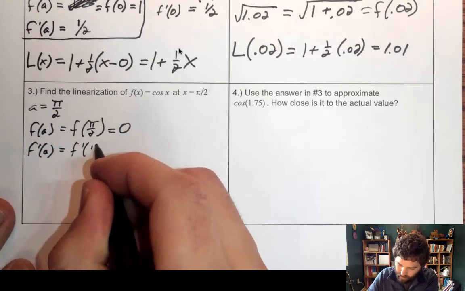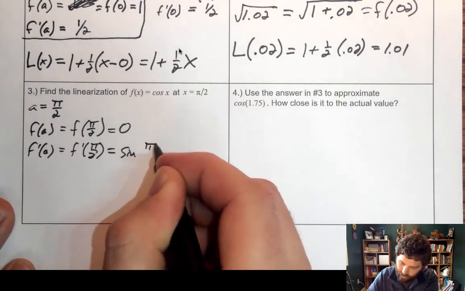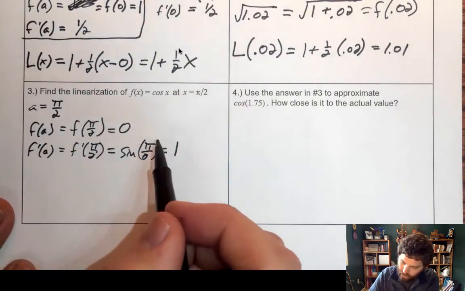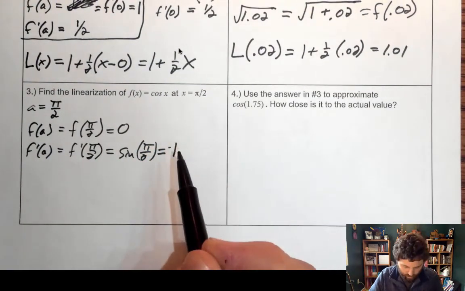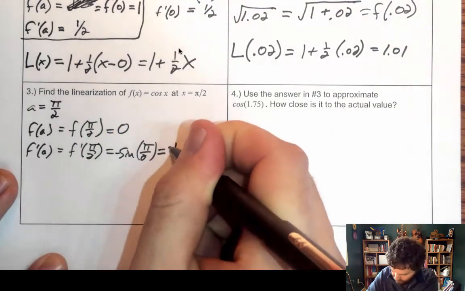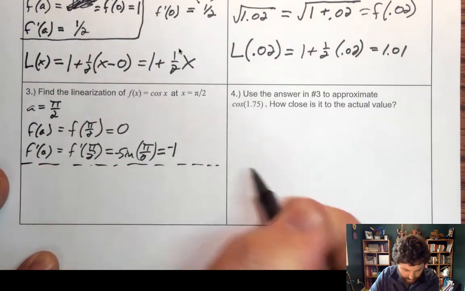So that's f prime of pi over 2, so we're actually looking at negative sine of pi over 2. Sine of pi over 2 is equal to 1, so negative 1. I'm sorry, negative sign. Negative 1. There we go. Okay, so that's all the information we need.